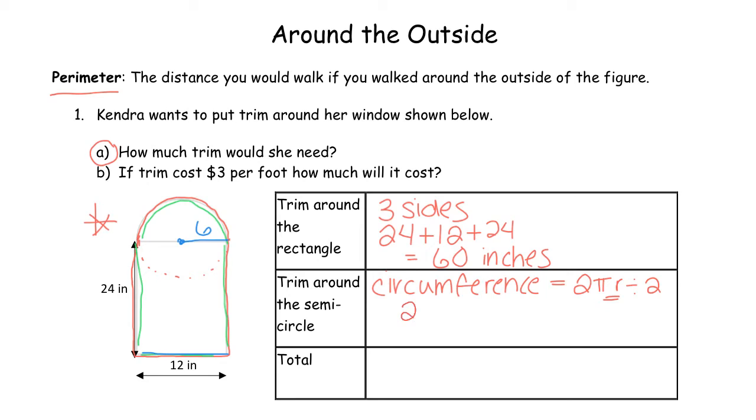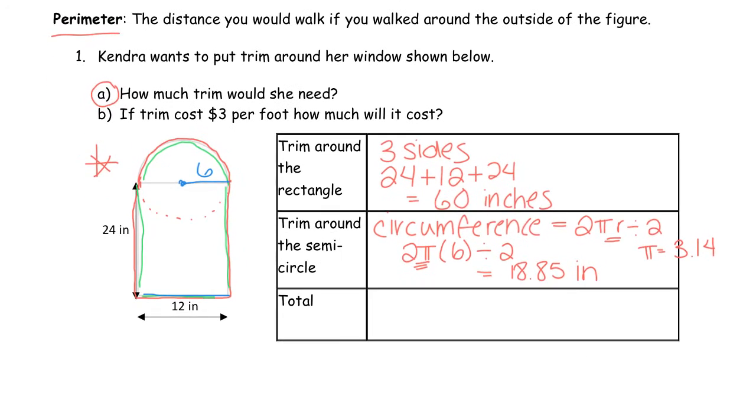So I'm going to have 2 times pi times 6, and then I'm going to divide that by 2. If you have a pi button on your calculator, you can use that button, or you can use pi being equal to 3.14. I'll be fine with either answer. Okay, so when I punch that into my calculator, I get 18.85 inches.